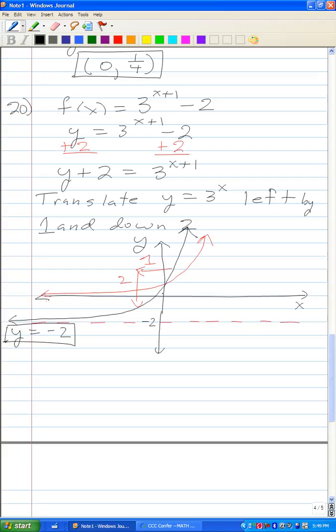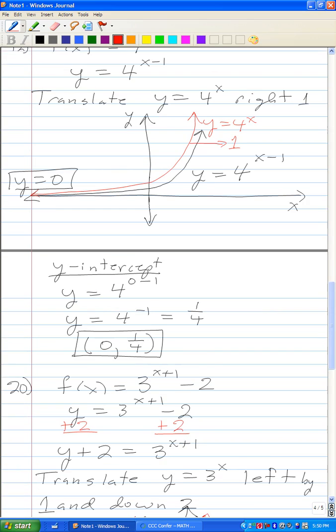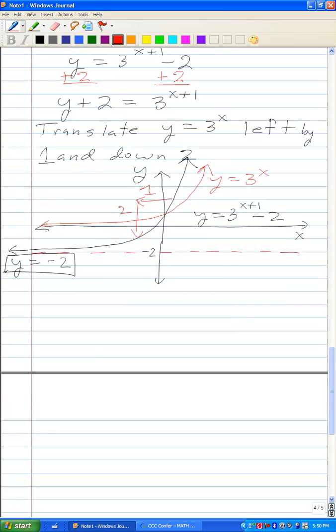Since we translated down the x-axis by 2 units, and the horizontal asymptote was the x-axis for this red curve, then for the black curve, the graph of y equals 3 to the x plus 1 minus 2 is compared to the graph of y equals 3 to the x. Oh, by the way, did I? Yes, I did draw both of those.